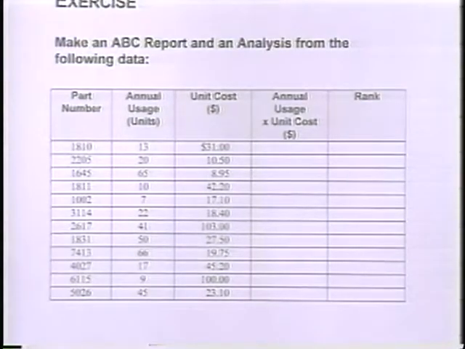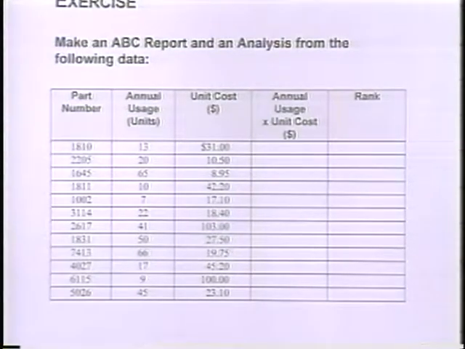We have the unit cost of the item, and that is listed as the middle column. Now here's what you're going to do. You're going to multiply the annual usage times the unit cost, and therefore you're going to fill in that second column from the right called annual usage times unit cost. Another term for that is annual usage value.